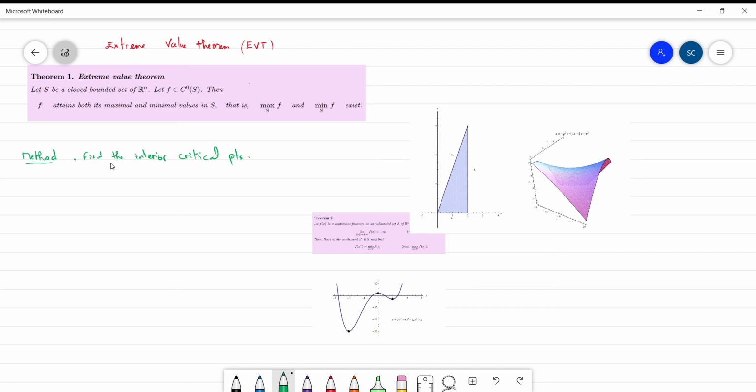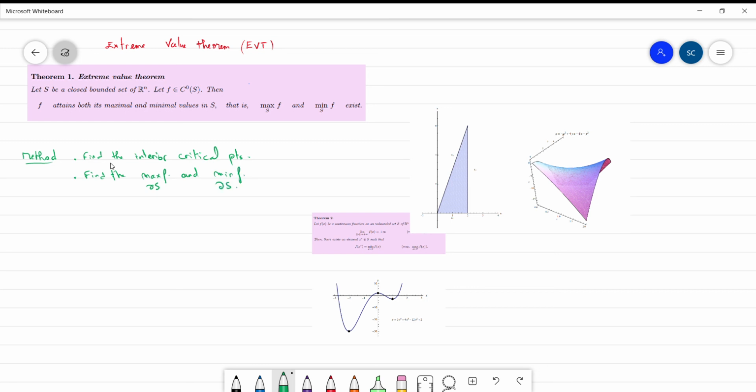Then find the extreme values, so the maximum of f on the boundary and the minimum of f on the boundary.